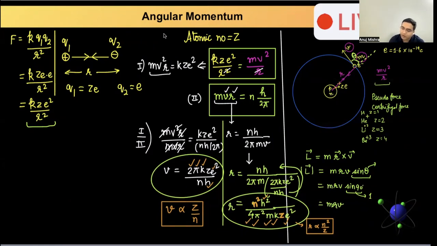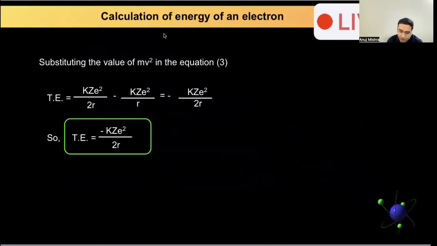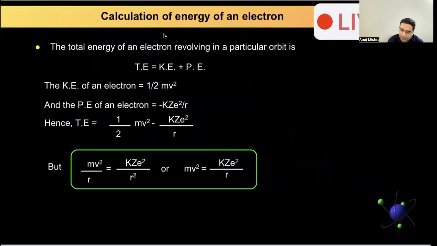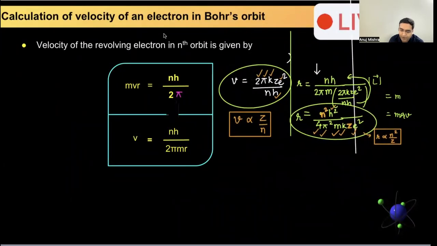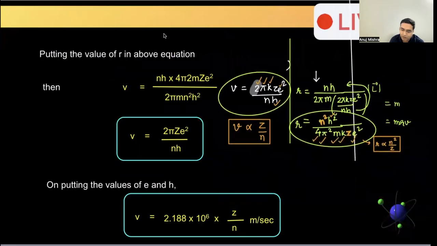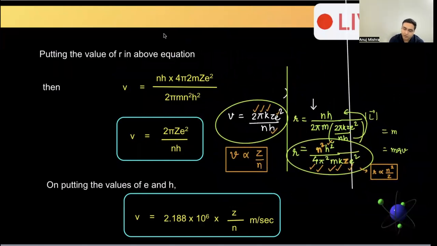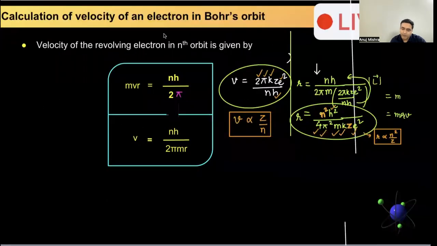Let me take this whole thing to that page where we are right now. So you should not remember many things. You can just understand with this whole thing. Compare the value here. 2 pi k ZE square upon nh. Okay, and this k is missing. Or compare the value at this place. Fine. Can you do this or not? All of you.